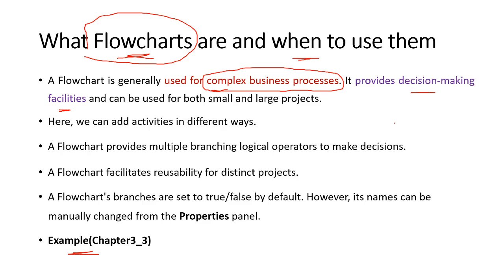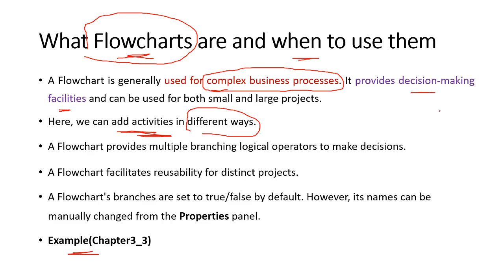Similarly, even here there are control flow activities which will control the flow of execution based on the conditions specified, right? That's what the author is telling, and another way we can put it is that we can add the activities in a flowchart in different ways.